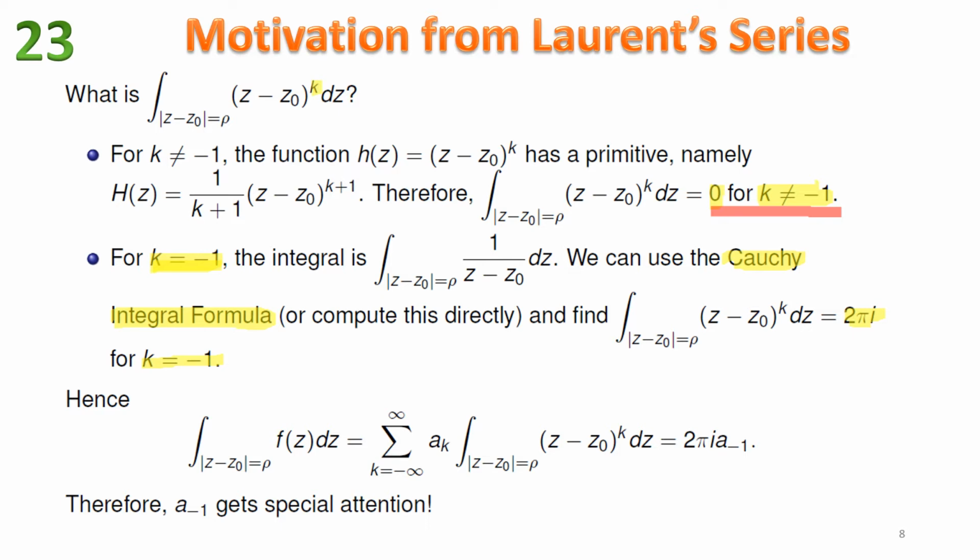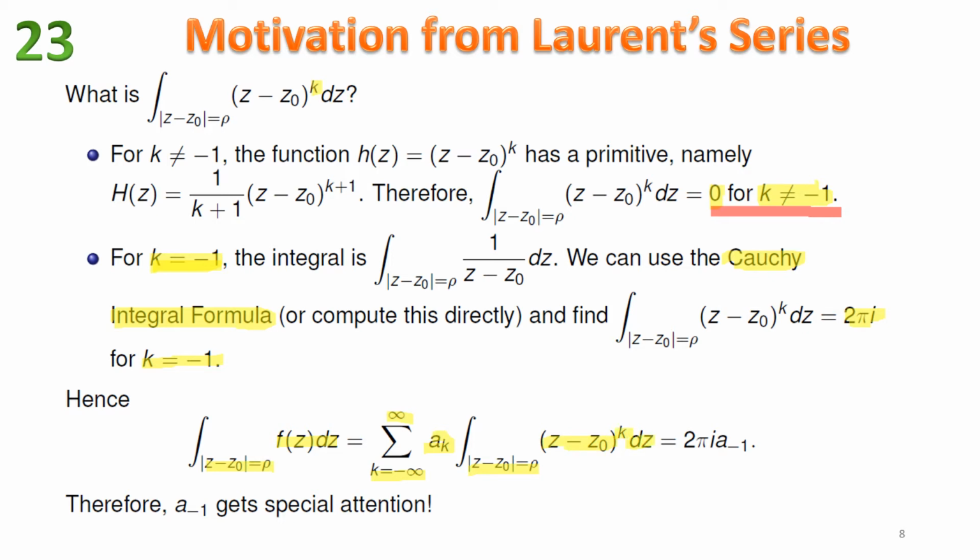Now our integration, which we have been dealing with since the beginning of this topic, the integration of f of z dz over the punctured disk of radius rho, is equal to the summation over k from minus infinity to plus infinity of a_k into the integration over |z minus z0| equal to rho of (z minus z0) to the power k dz.